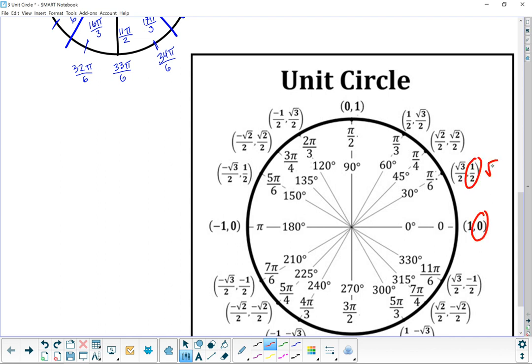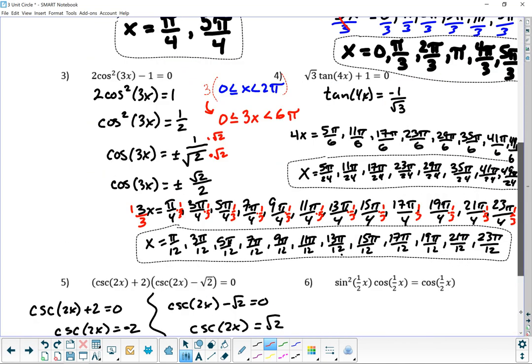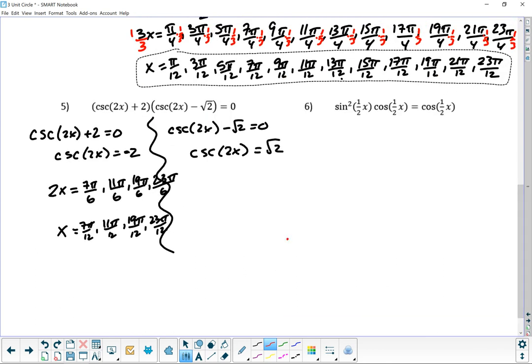If I flip it, I'll get 2, but I won't get radical 2. So none of those are going to work. Maybe these will, right? Maybe I will. Okay, maybe I won't. Remember, if I want to flip the sign so that I'll get radical 2.